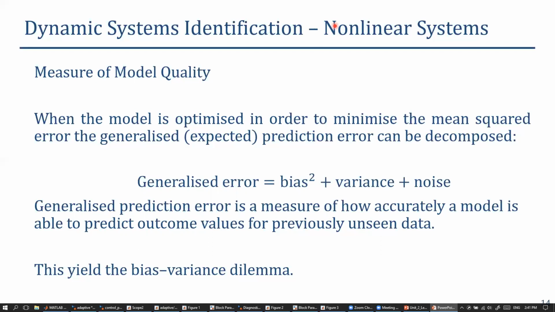And then this generalized error can be decomposed into bias squared, variance, and some noise. Is this clear? Have you seen that before, what I'm talking about now? The generalized error, the expected prediction.